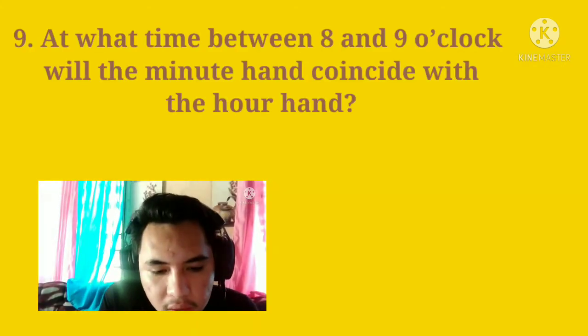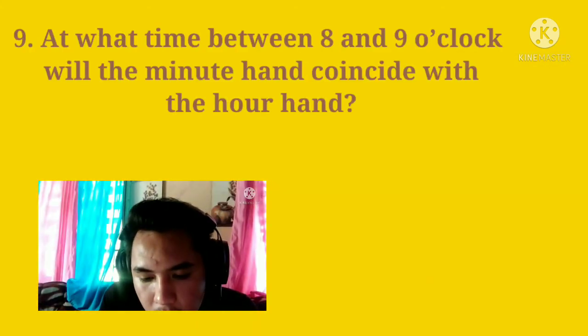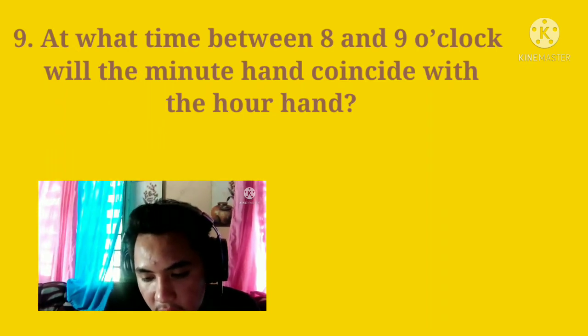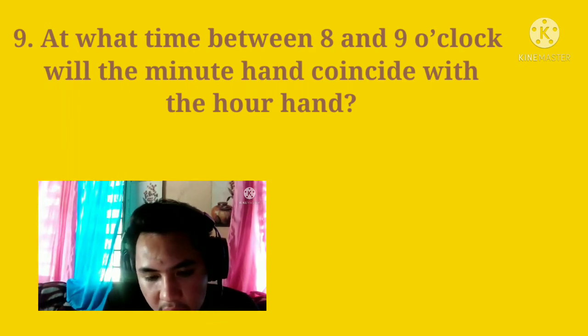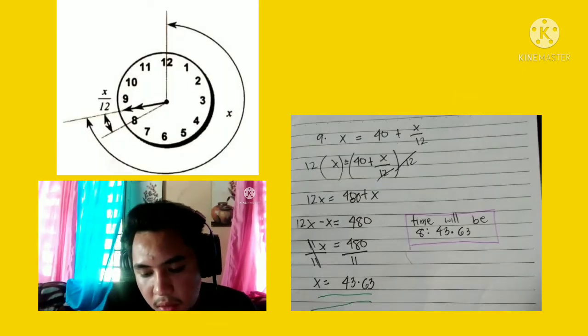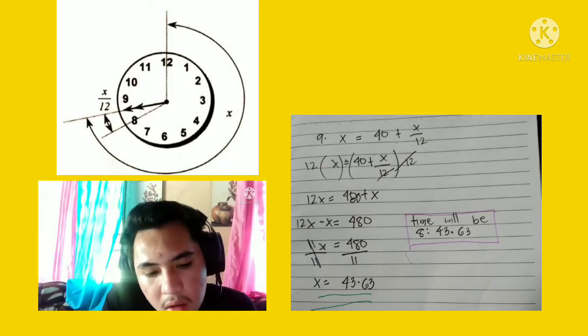For our number 9, at what time between 8 and 9 o'clock will the minute hand coincide with the hour hand? As you can see in our drawing, this is our illustration.